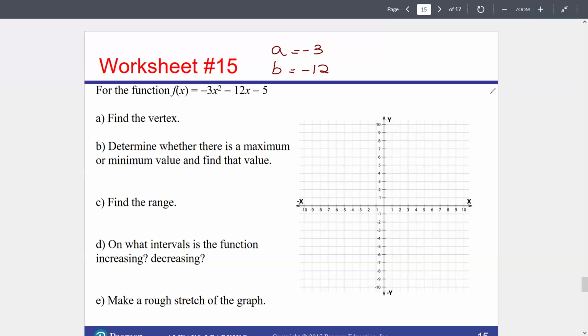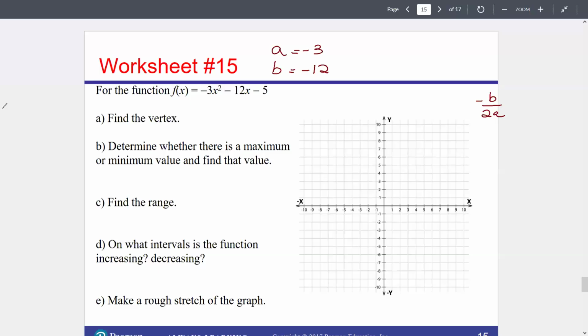Sorry, I don't know if I'm trying to do this. So when we're trying to find that vertex, the x coordinate would be negative b over 2a. So we'd have a negative out front.